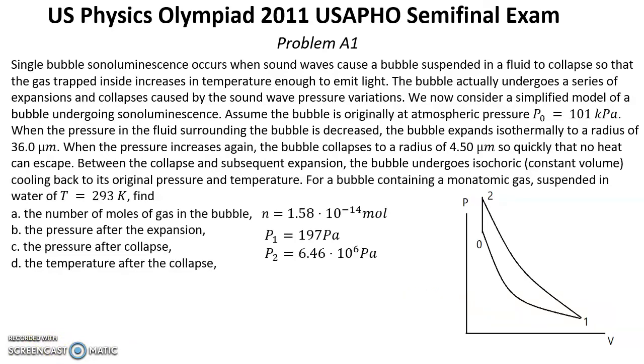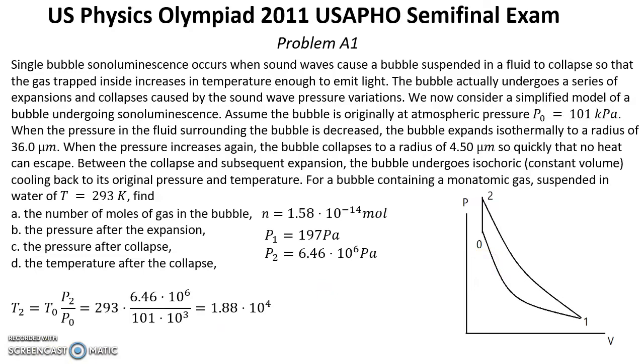Question D. We need to find the temperature after collapse in point 2. Here we have the same volume in point 2 and point 0, and we know the temperature in point 0. So we have pressure proportional to temperature.